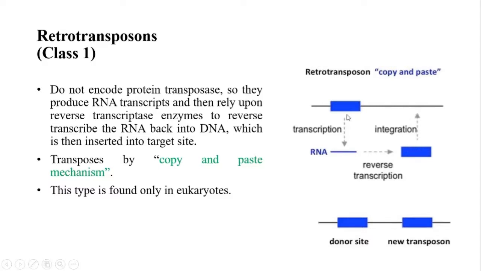So in this method, the DNA produces RNA through transcription, and this RNA through the reverse transcriptase enzyme produces DNA, which gets inserted into the new location. This mechanism of transposition is known as the copy paste mechanism, and this is found only in eukaryotes.